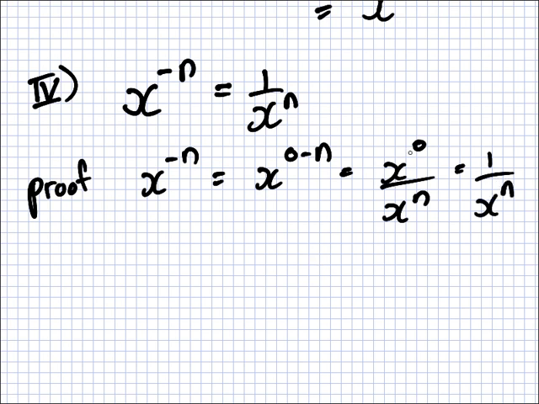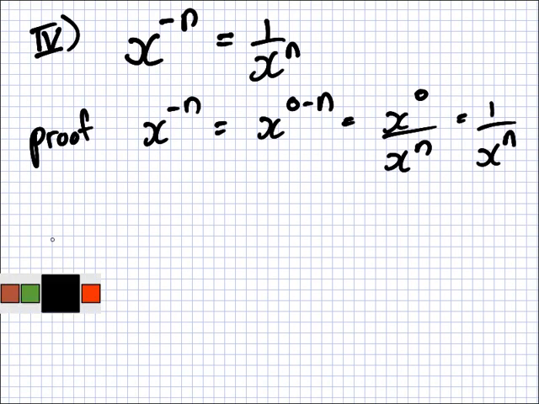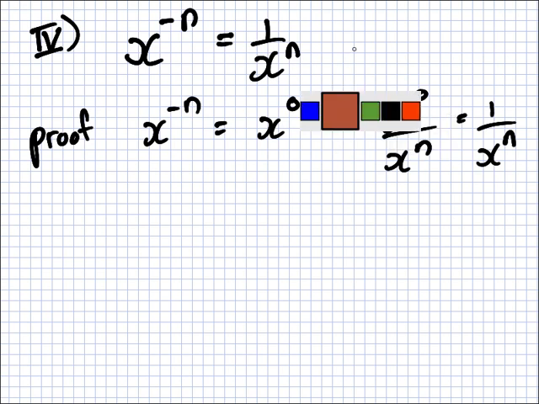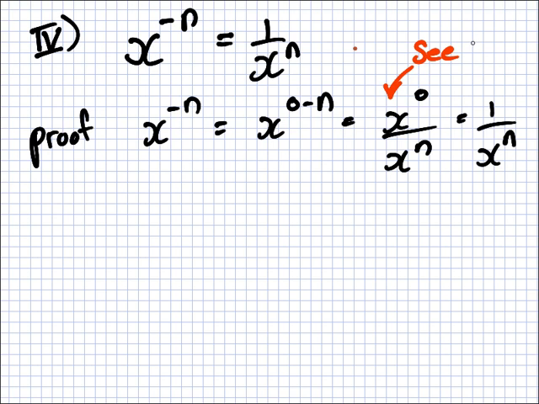Now, perhaps we better make this kind of clear. I'll just write here, that was 4. We'll talk more about this one in the 6th and final rule, but we'll go on to number 5 now.